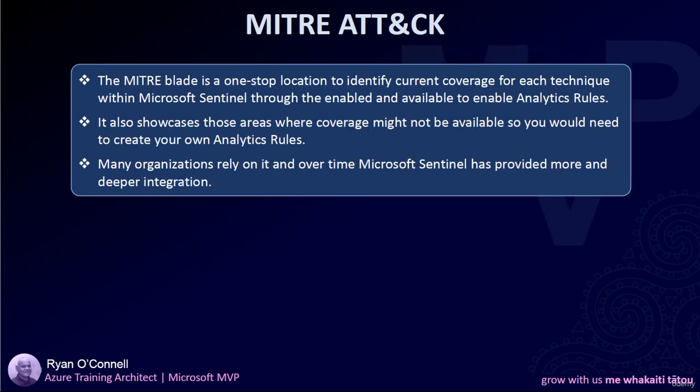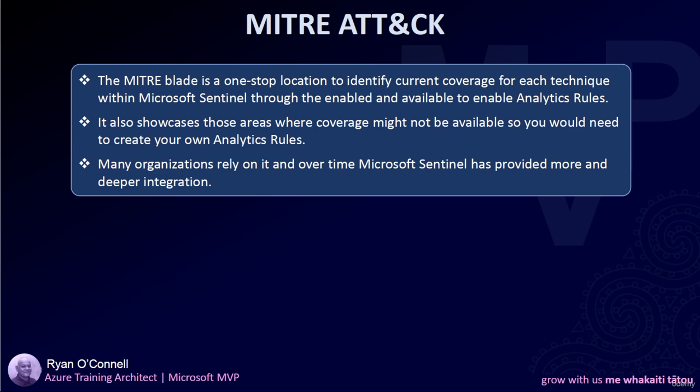Now, the MITRE blade is the one-stop location to identify current threats and techniques within Microsoft Sentinel through the enabled availability, and allows you to use those analytic rules. It also showcases those areas of coverage that may not be available, so you would need to create your own analytical rules as well to enhance and work with the MITRE ATT&CK solution.